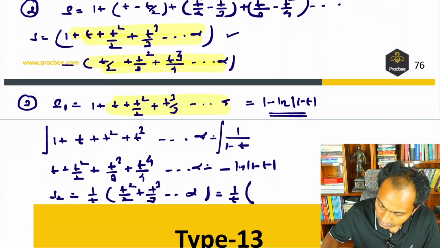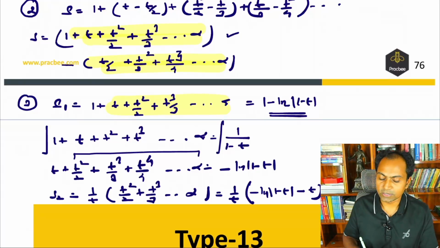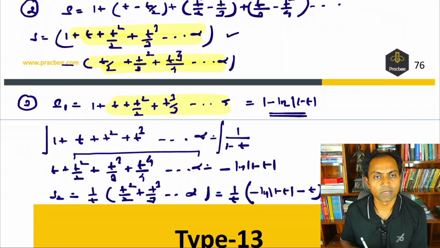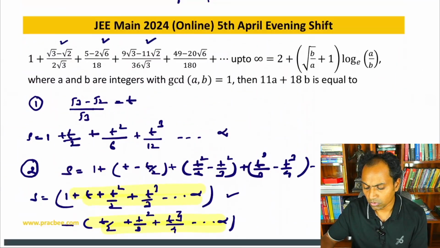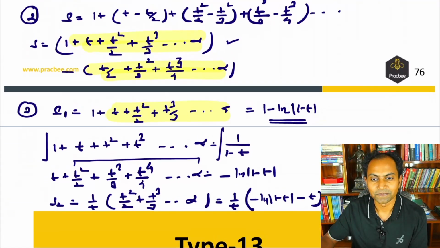And now you can see that we can substitute from here. It is minus of ln mod 1 minus t, minus t. We have got the sum of both the parts. We can substitute in the first series and get the answer. So you can see that I have circumvented the whole logarithmic part by doing integration and getting the answer.